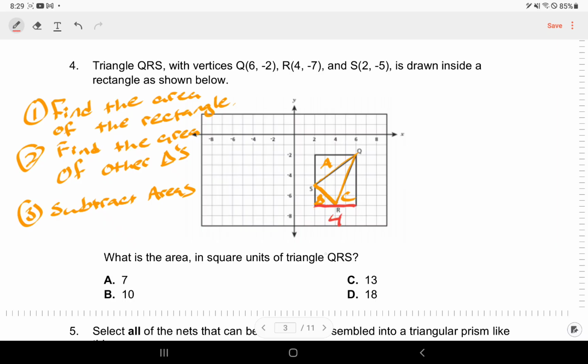So the distance there is 4. 1, 2, 3, 4, 5. So the distance there is 5. So the area of the rectangle is 4 times 5, which is 20.